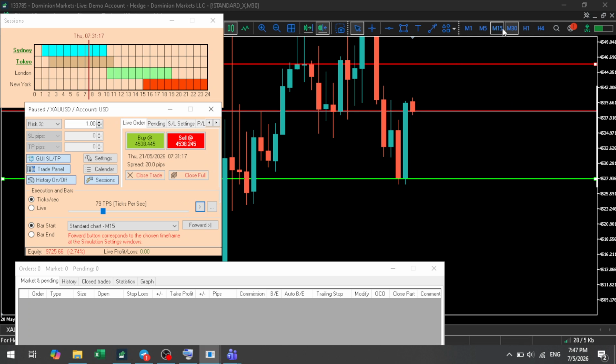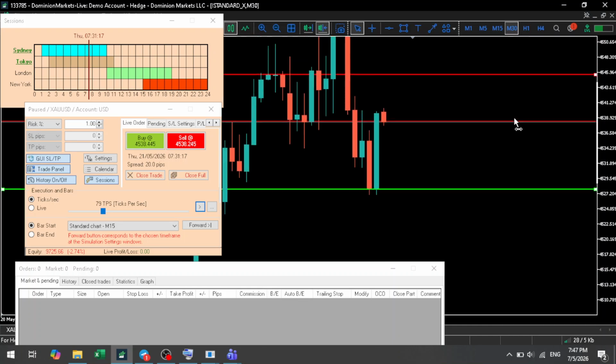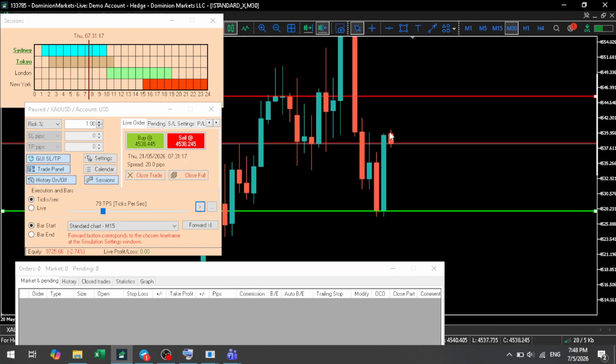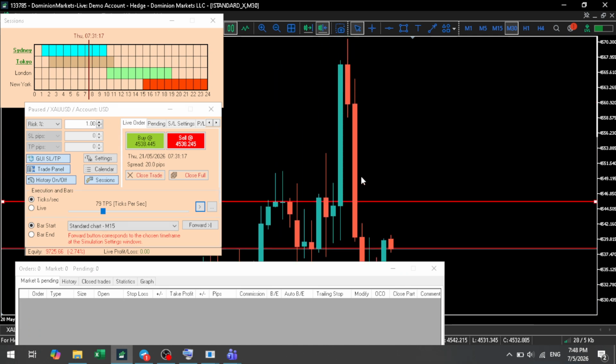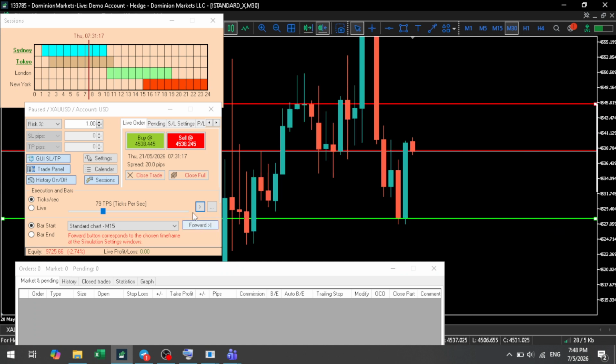30 minutes just closed. We have a nice move up. 30-minute strong bullish candle. If it breaks down and breaks its high, then we should clean range. But let's see.